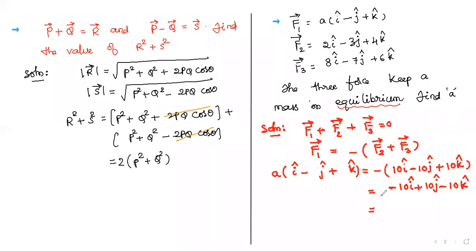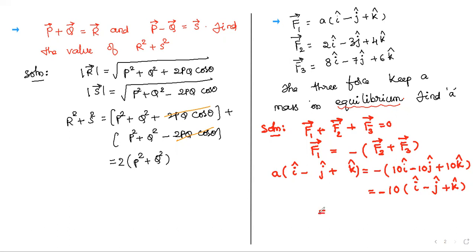To get I minus J plus K, I am taking minus 10 common from all three. In the above step, it is better to take 10 common, that will be easier for you. Then you get I cap minus J cap plus K cap, the same vector: I minus J plus K, I minus J plus K. So it is a multiple of minus 10.